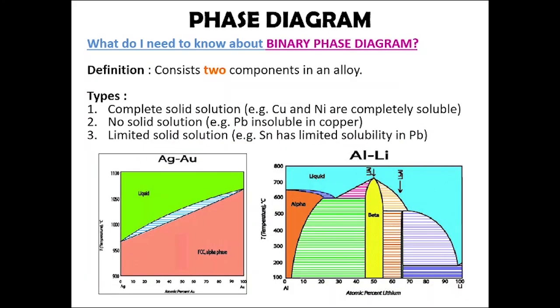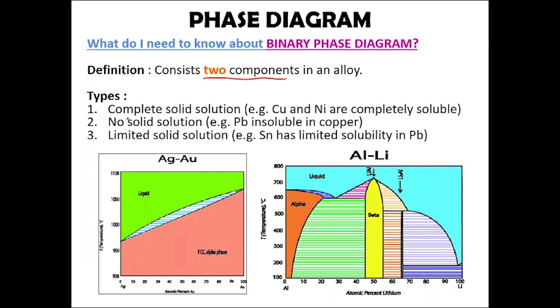What do we need to know about binary phase diagram? The first thing is binary phase diagram consists of two components in an alloy. It means that we have one host atom and another one impurities or element. For the binary phase diagram, we will cover three types of binary phase diagram.